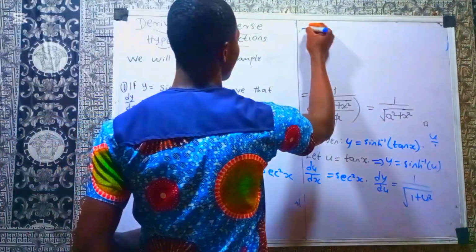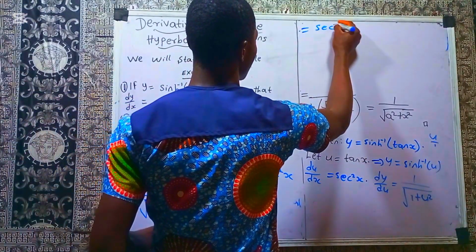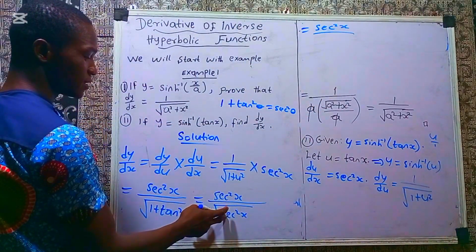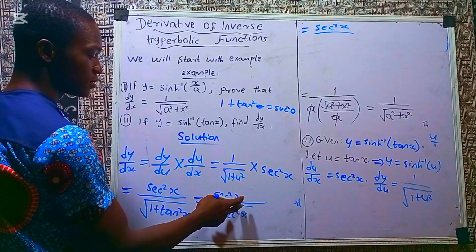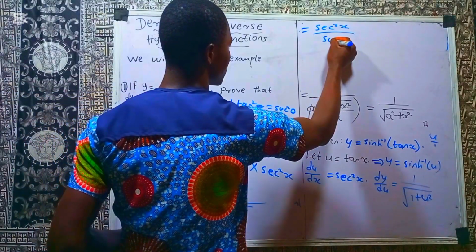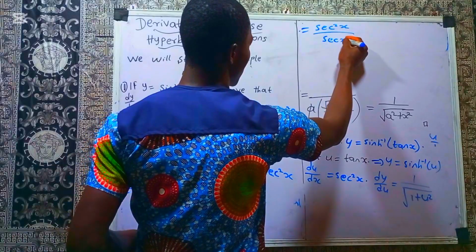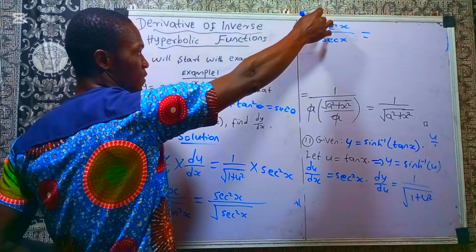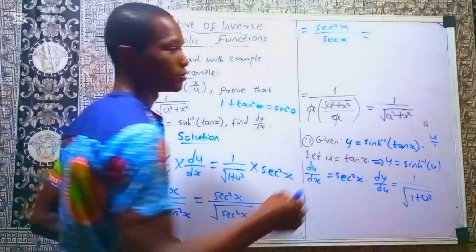So let's write what we have. At the numerator, sec squared x divided by square root of sec squared x. Square root cancels the square, remaining sec x. So sec x divides sec squared x. You will now get what?